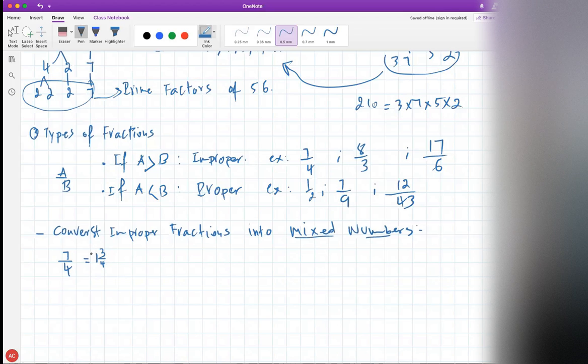Because it's made of a whole number and a fraction. So a whole part and a fraction part. So when you have an improper fraction, you actually turn it into a mixed number made of two things, a whole number and a fraction.